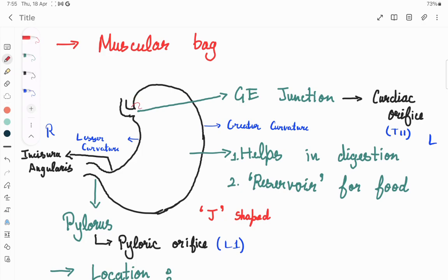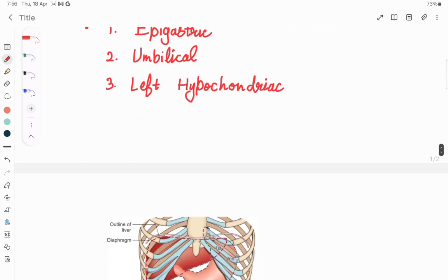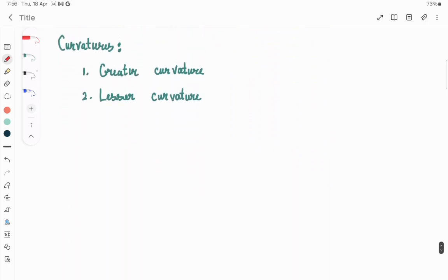And the greater curvature has the cardiac notch, which is the angle between the greater curvature of the stomach and the esophagus. Talking about surfaces after curvature, we have two surfaces, anterior surface and a posterior surface.